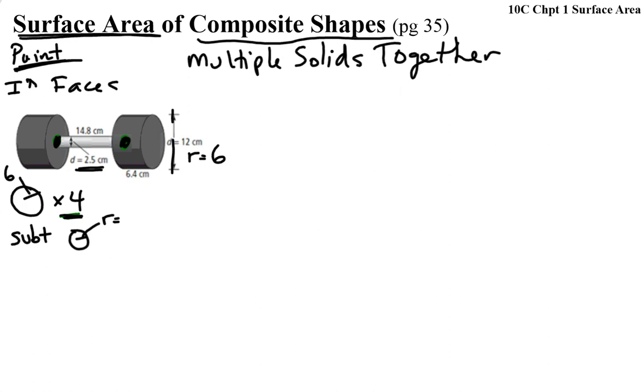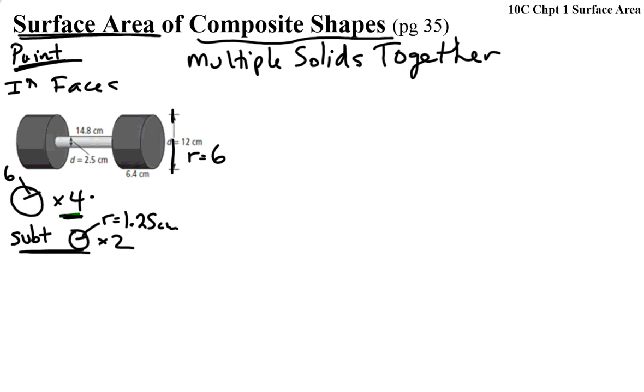The radius would be 1.25 centimeters. But we need to subtract 2 of those, because these little black dots that I've just drawn in are not being painted on the 4 circles we talked about. So, organization here, you have to think.